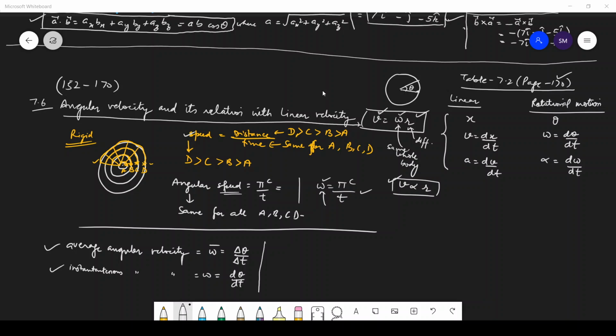See, in this chapter there will be cross products, so the right hand thumb rule we need to use again and again. So who is comfortable showing it? Anjali, are you comfortable? No, sir.